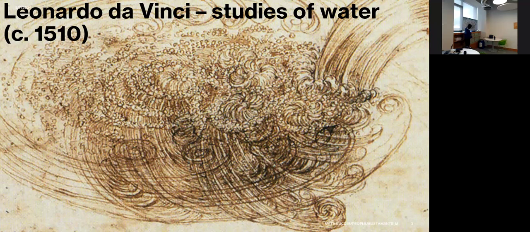And on the surface, you can see even smaller and smaller vortices and kind of bubbles and stuff like that. So he was basically understanding, notice the year, right? This is before Galileo, before science. This guy was really ahead of his time, trying to understand what was happening in nature.